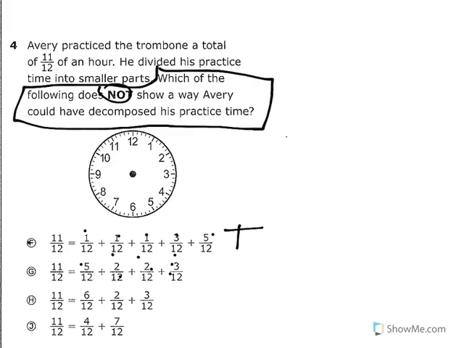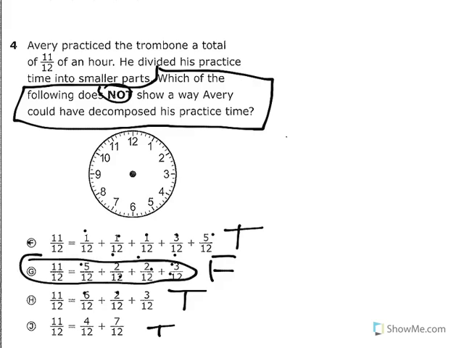So that one equals 12, so I'm thinking that one is our false statement. Next one, we have 6 and 2 is 8, and then plus 3, that's 11, so that's a true statement. And the last answer choice there, 4 plus 7 equals 11, so that's 11/12, so that's a true statement also. So the one that is not true is answer choice G. That's the one that is not a way that Avery could have decomposed his practice time.